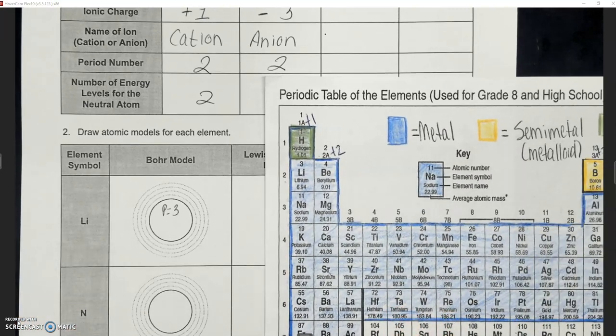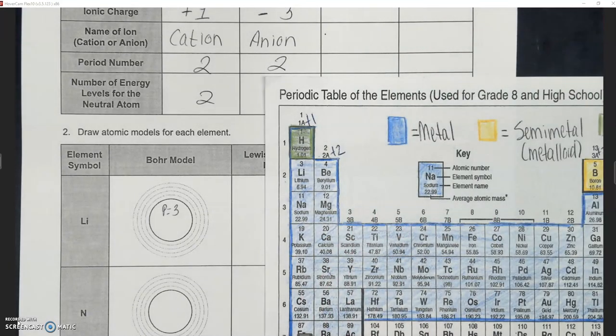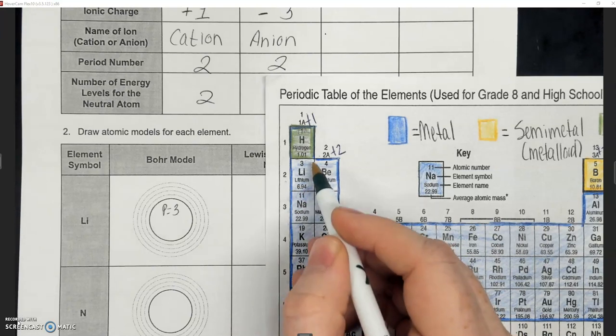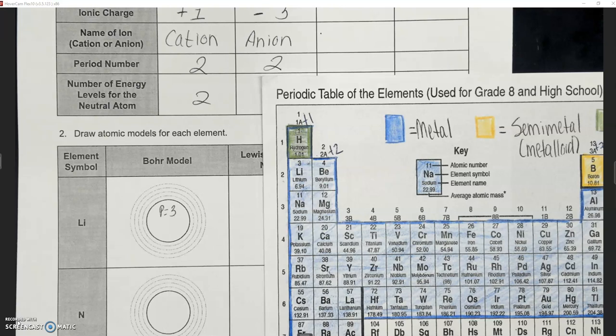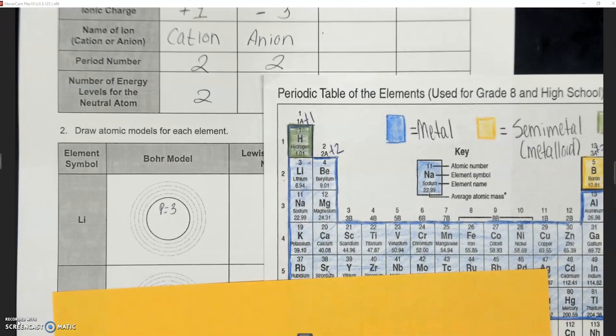Who remembers here how to calculate the number of neutrons? Remember, the number of neutrons is the atomic mass rounded to the nearest whole number, subtract the atomic number. So what's 6.94 rounded to the nearest whole number? 7. And what is the atomic number of lithium?